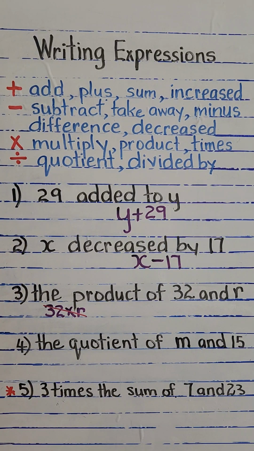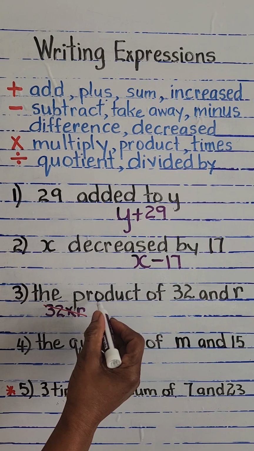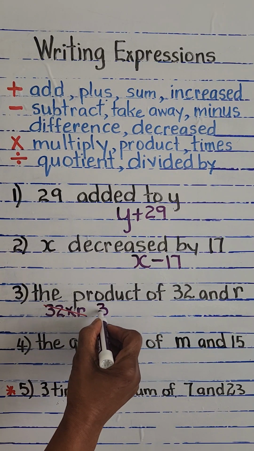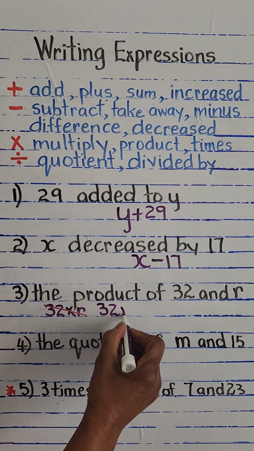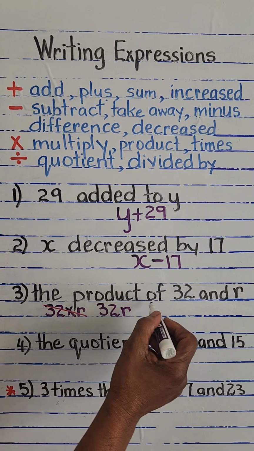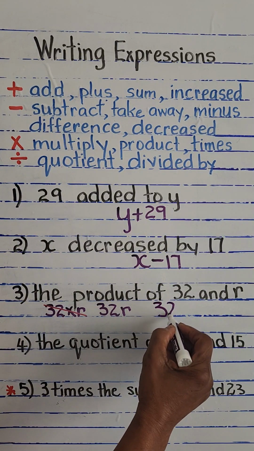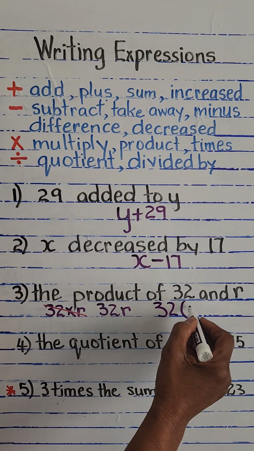So here are the possible ways we could write that. 32r. So whenever you see a quantity and a variable with no sign, that means multiply. We could also use parentheses, as you already know that parentheses means multiply.